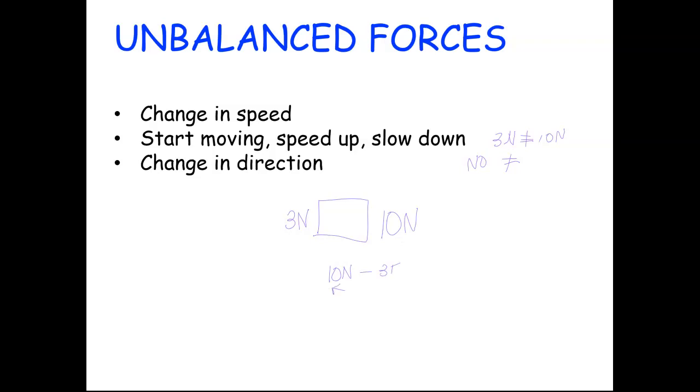So this is to the left and this is to the right. And that ends up being 7 newtons to the left. So that means my box is going to move to the left. The bigger the difference is, the faster the object's going to move to the left.